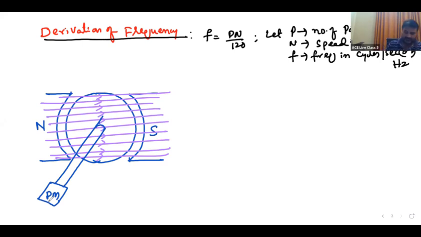I would like to take only one conductor, a single conductor. The same thing is also valid for coils, but for easy understanding I take a single conductor.